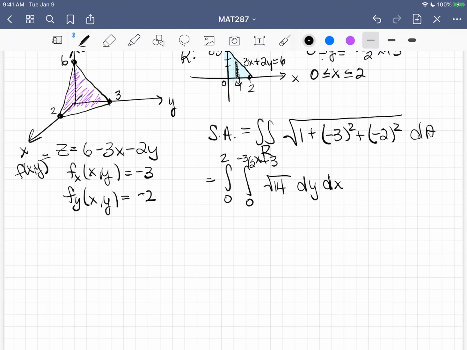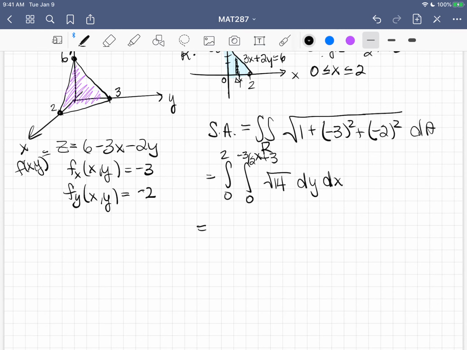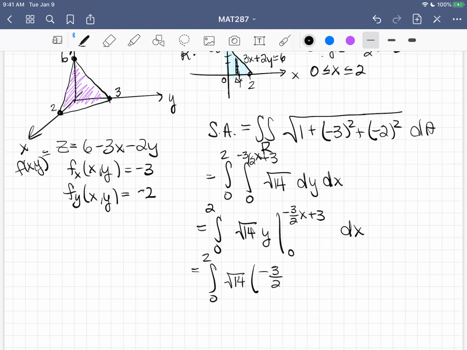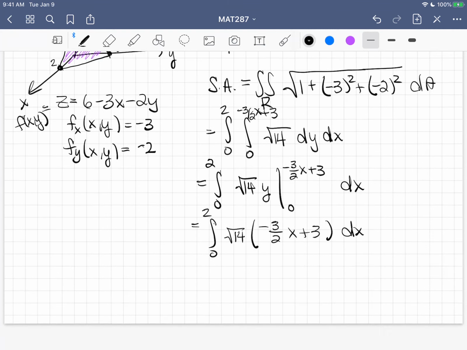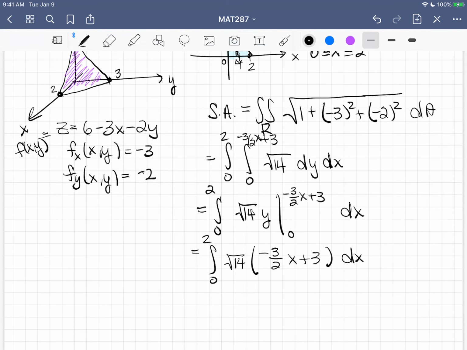All right, I'm going to go ahead and run through this integral with you quickly. So I get the integral from 0 to 2. When I integrate here, I get square root of 14 y evaluated from 0 to negative 3/2 x plus 3, and I've still got my dx here. It's the integral from 0 to 2 of square root of 14 times negative 3/2 x plus 3 dx. What do we get here?